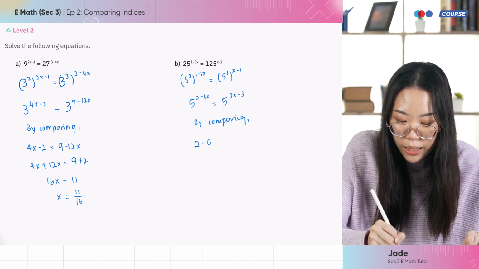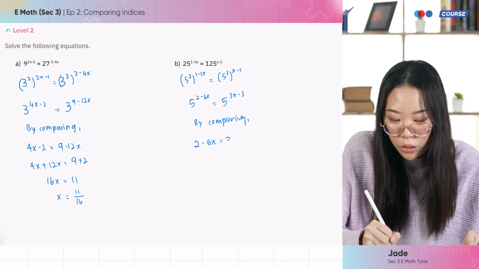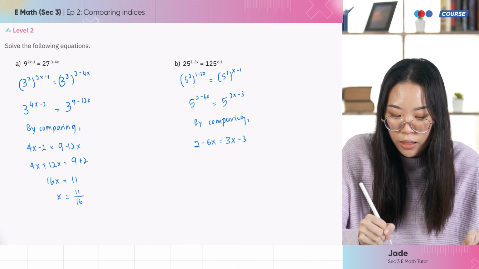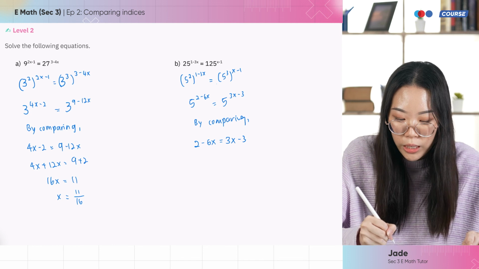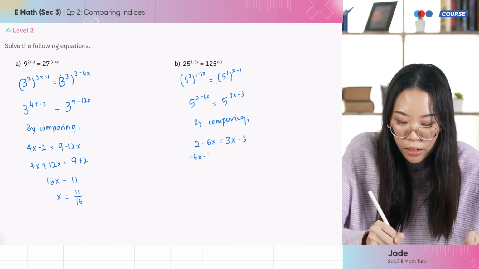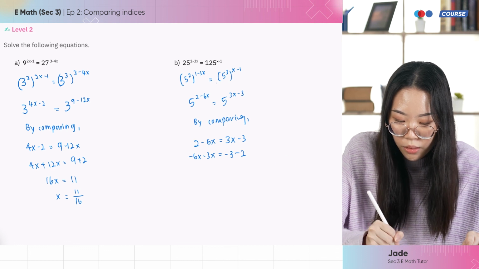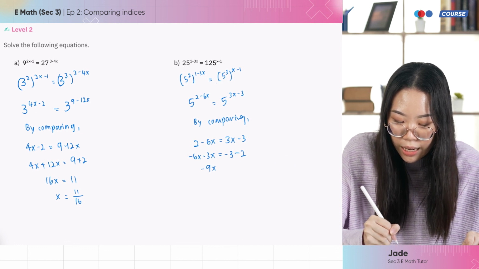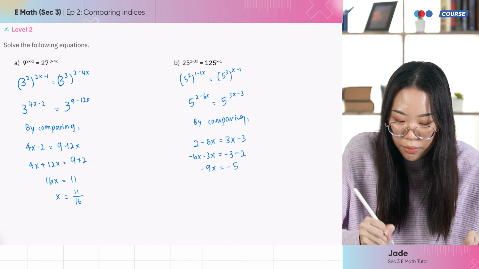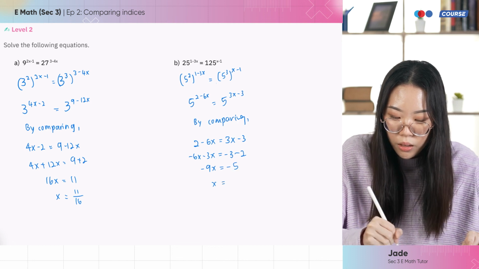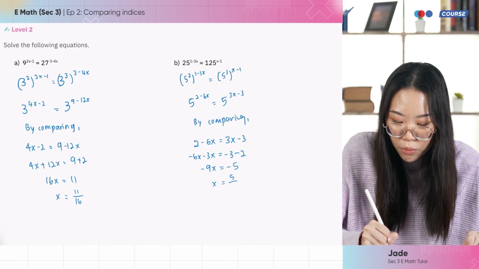So we have 2 minus 6x equals 3x minus 3. Same thing, we will shift all the x onto one side and all the numbers onto the other. So we get minus 9x equals minus 5. From here, we know that x equals 5 over 9.